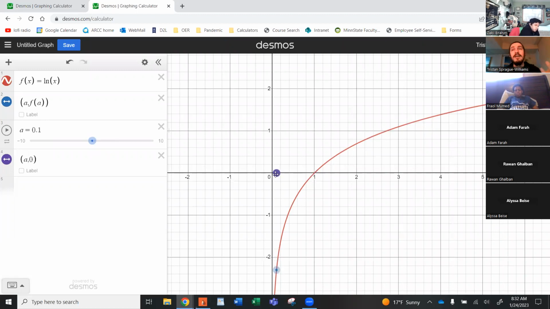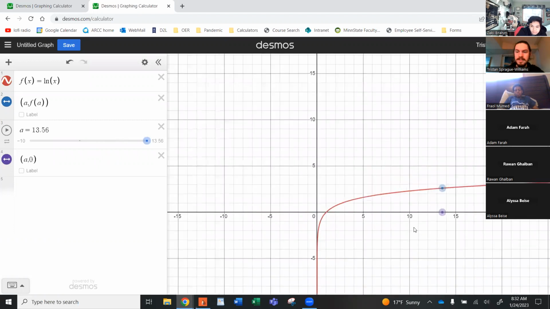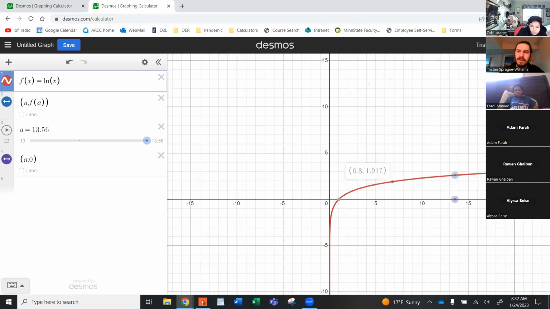Unless you're talking about the limit as x approaches infinity, that would be what's going on over here. And then you have to ask what's happening to this y coordinate as x goes way off towards infinity. Is that kind of what you're asking? Oh, yeah, okay. Maybe. This graph, it's hard to tell, but this graph does go towards infinity as x goes to infinity.